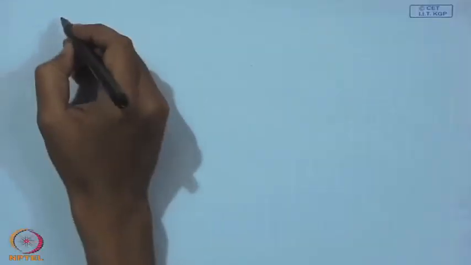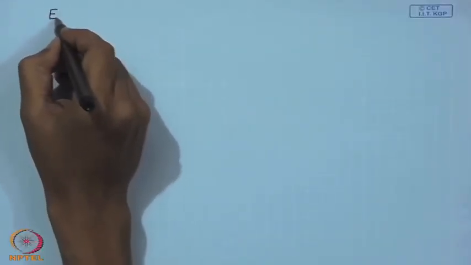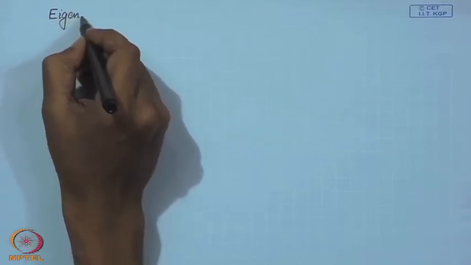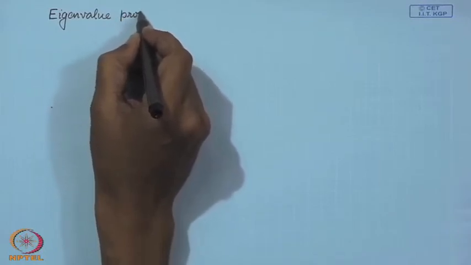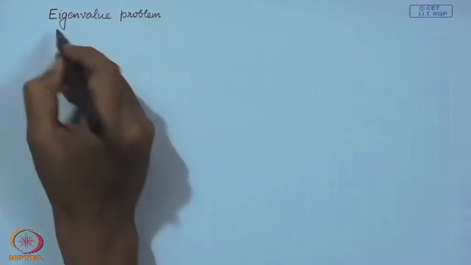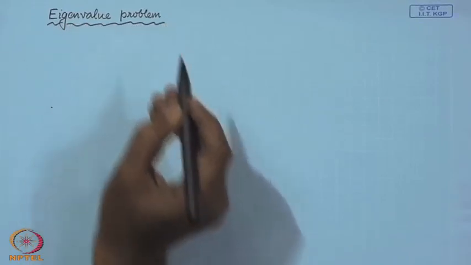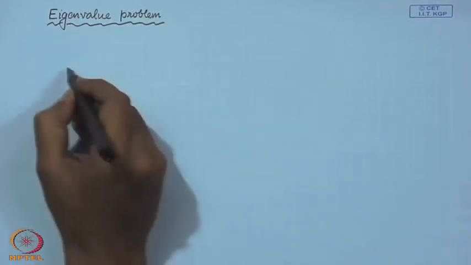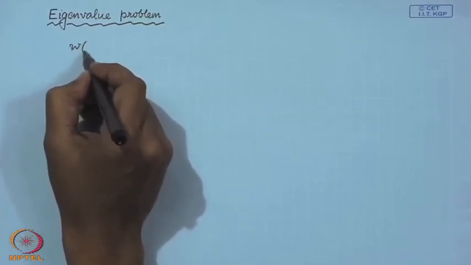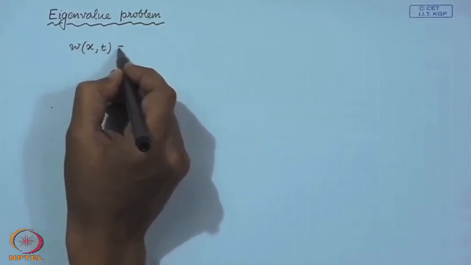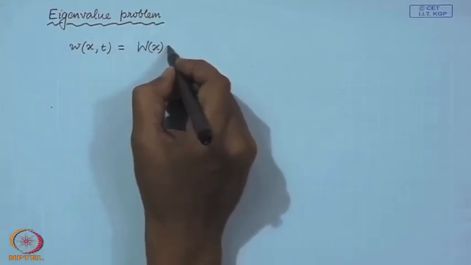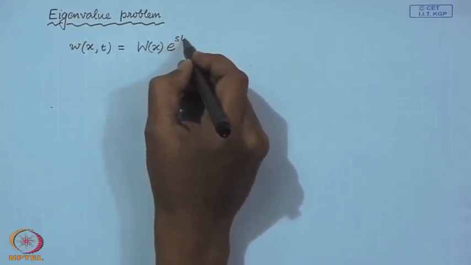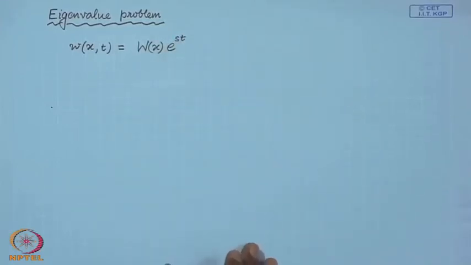So, let us now look at the eigenvalue problem. We look for a separable, complex solution of the form, let us say, w(x) exponential s t.